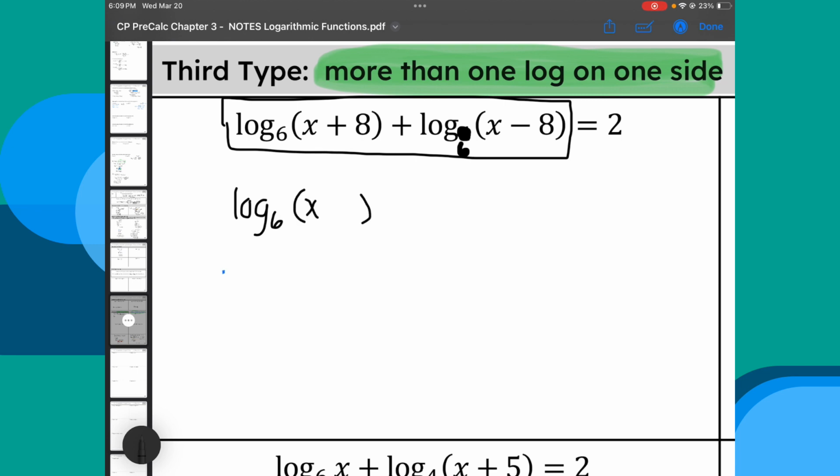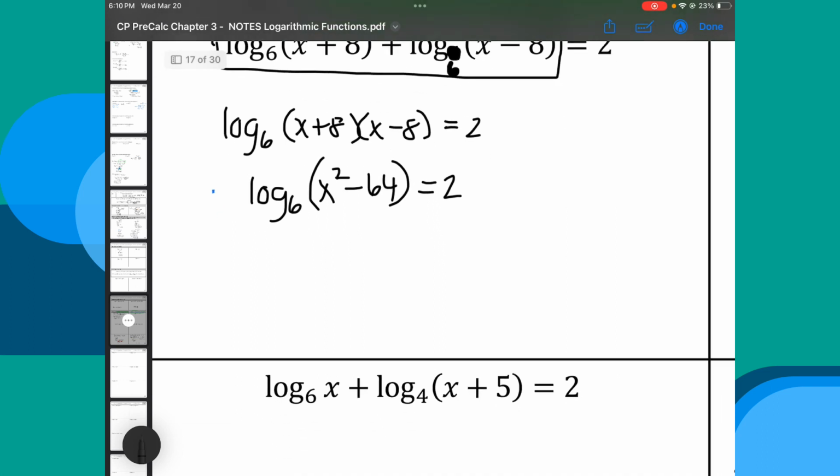Because I'm adding, I would be multiplying a and b together, or what I'm taking the log of together. So I can actually multiply x plus 8 times x minus 8, so I would do that. So I get log base 6 of x squared minus 64. I'm keeping it in parentheses because I'm taking the log of that whole thing is equal to 2.